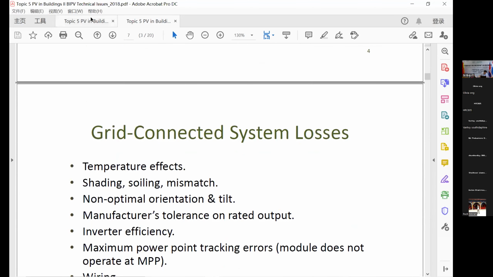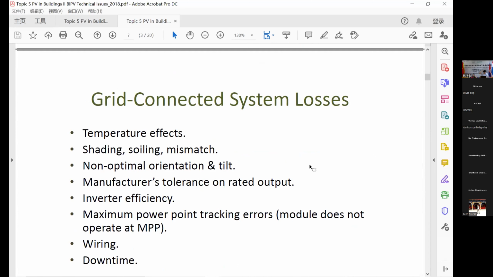So here we look at some problems affecting the grid connect system losses. The first one is the temperature effect, which we have discussed several times. A higher temperature means lower power generation of the PV solar cells. The second is shading and solar cell mismatch.